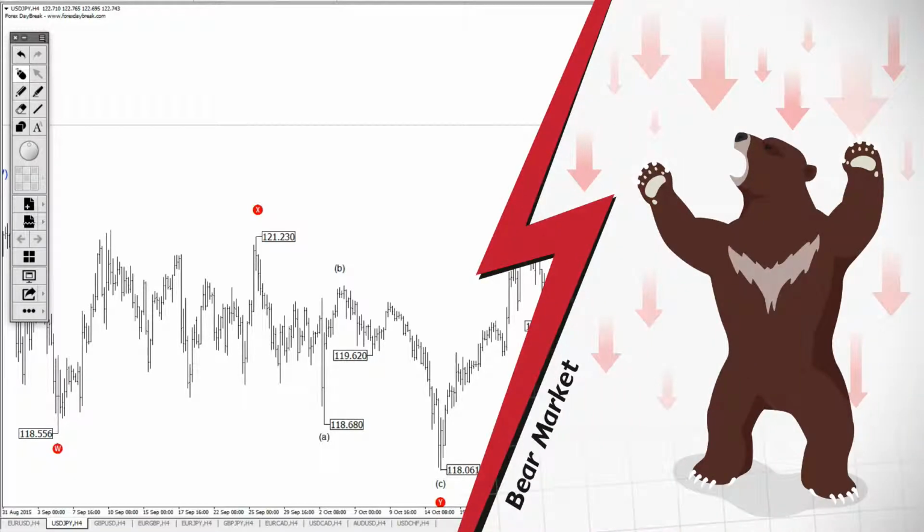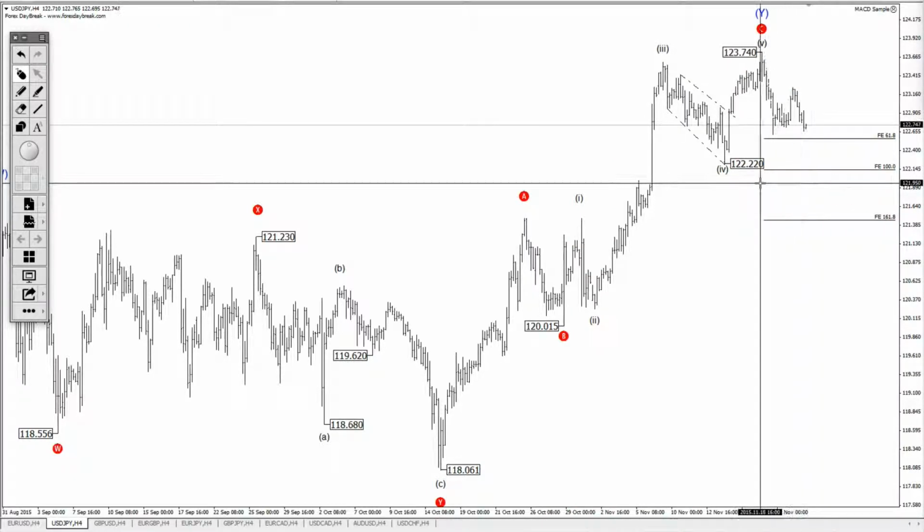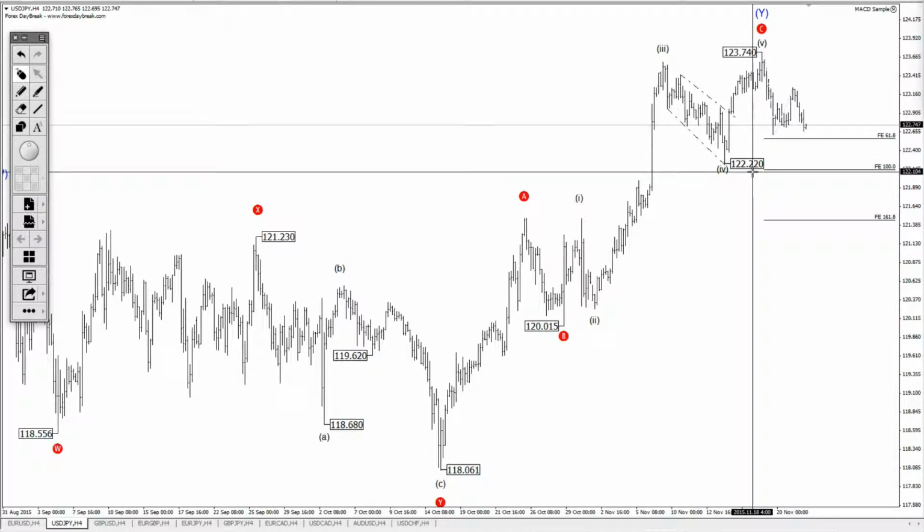So we are going to try to trade this pair to the downside. I have my Fibonacci expansion tool on the chart, and we have a target, I think, around the 100% Fibonacci expansion level, 122.135.